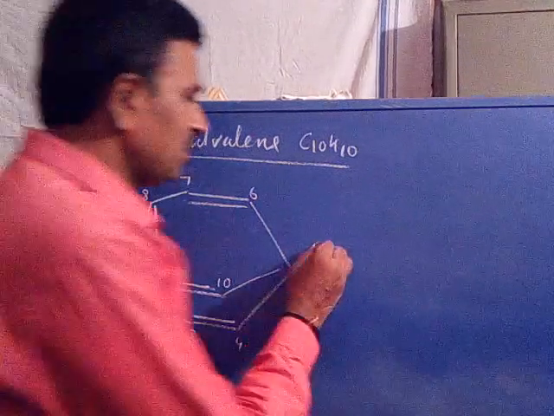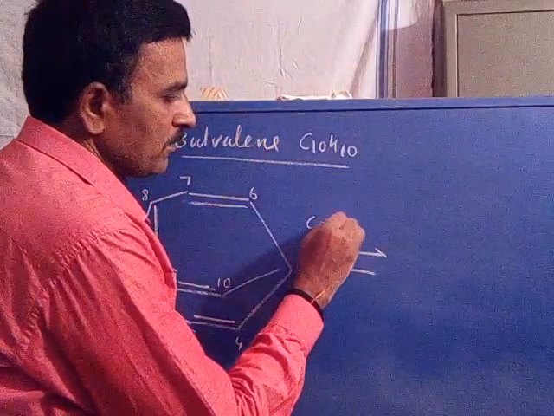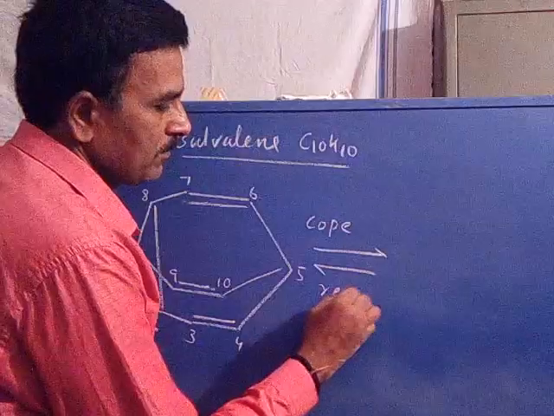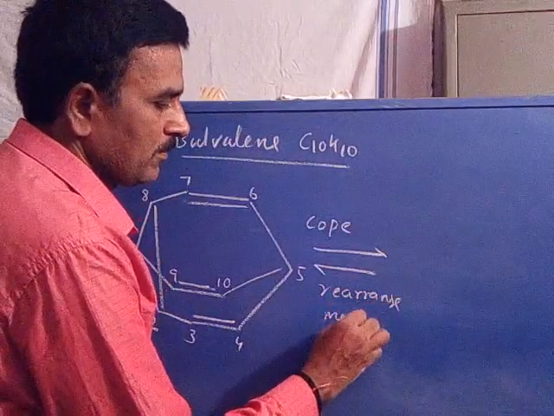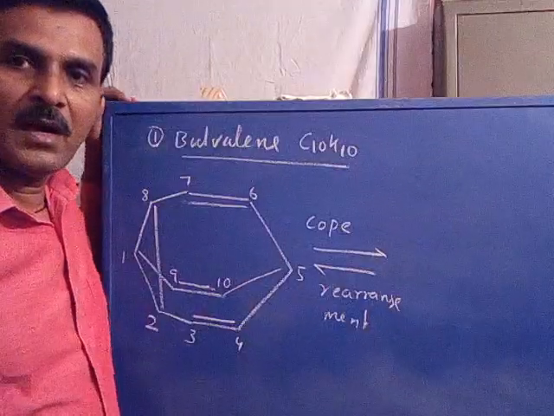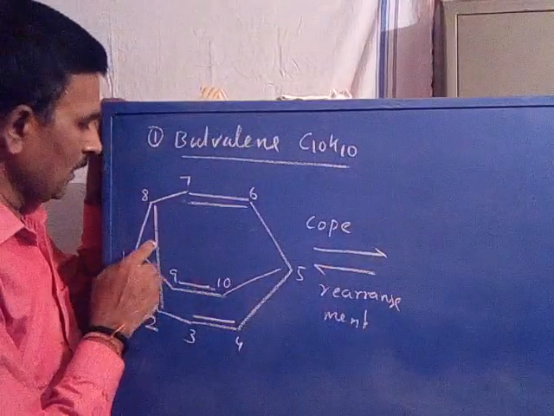Now by the process of Cope rearrangement, bullvalene undergoes Cope rearrangement, like this.